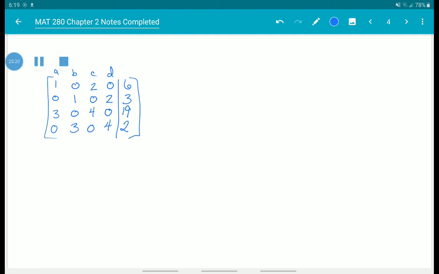So the first thing I would want to do is take row 3 and replace it with row 3 plus -3 row 1. Notice row 1 staying the same. Notice row 2 staying the same. So row 3.